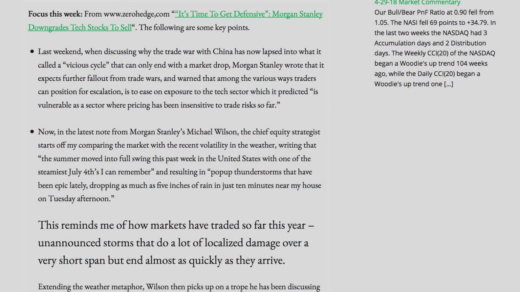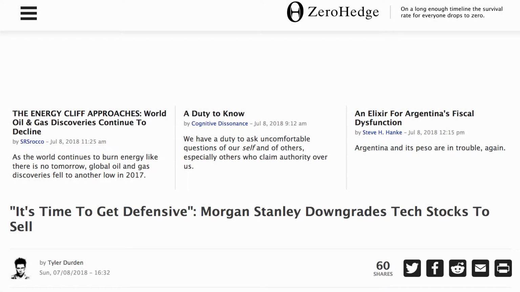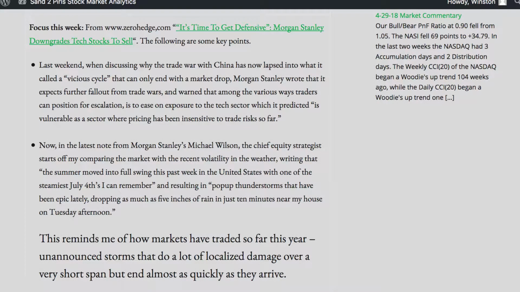Focus this week from www.zerohedge.com. It's time to get defensive. Morgan Stanley downgrades tech stocks to sell. The following are some key points.